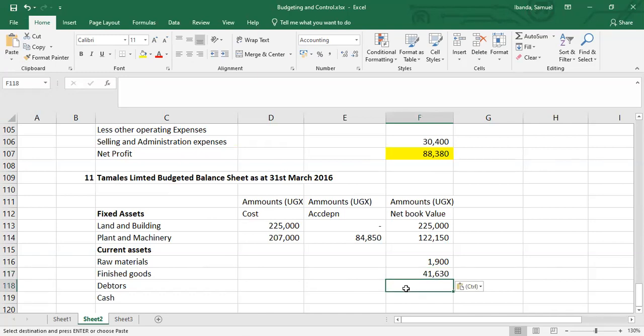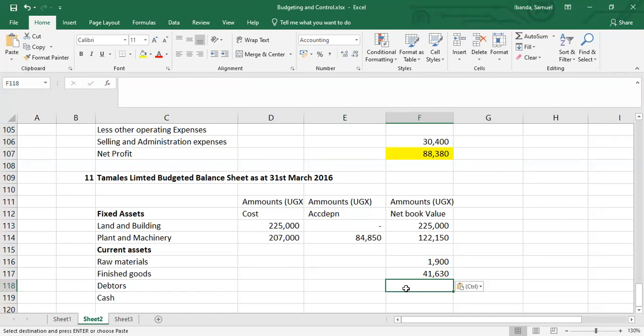So the next is now to look at the debtors. Next, I'll look at the debtors. Now, from what we see from our question, we started with debtors of worth 19,500.